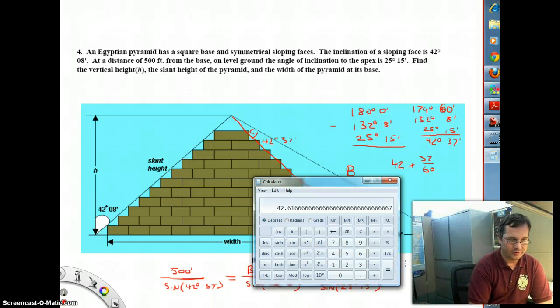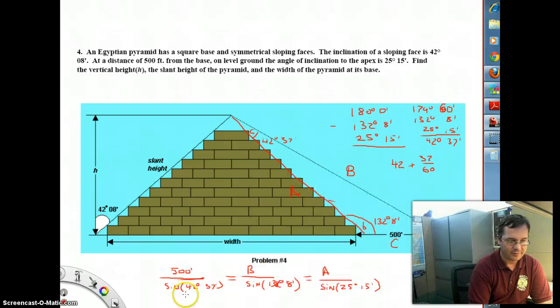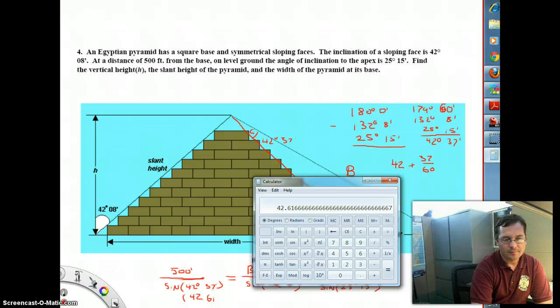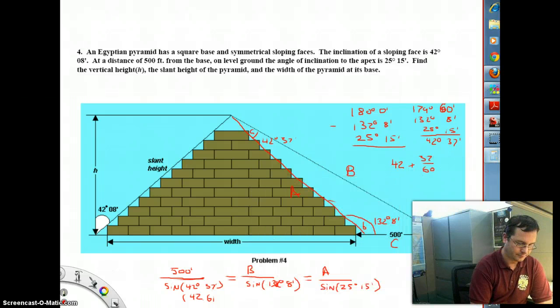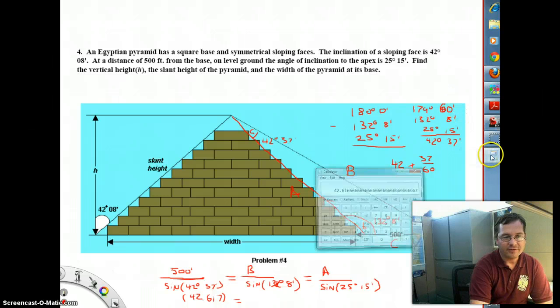So this is equivalent to, if we write underneath here, the sine of 42.617. Okay, so this isn't another mathematical function. I'm just writing it down here for a convenient place to store it. Is equal to the sine of 132 degrees 8 minutes. So let's convert that. Again, it's 8 divided by 60.